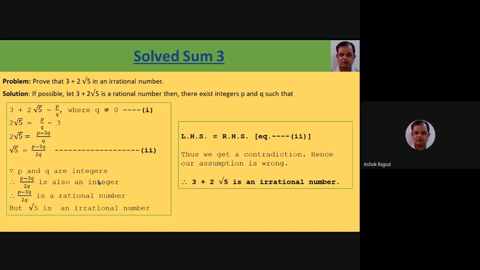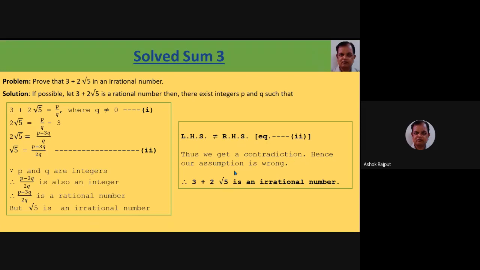So p and q are integers, and this is a rational number and this is an irrational number. But we are using the equal sign here, where the values are not equal. This is rational, this is irrational, and we are using an equal sign in the solution. It means both sides are not equal, because we get a contradiction.